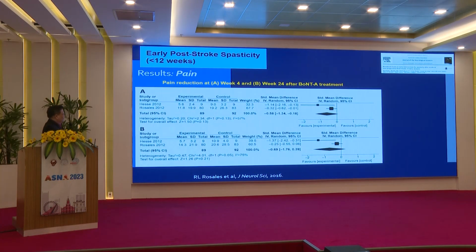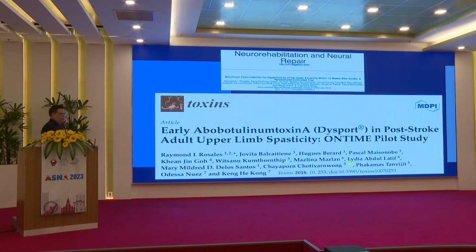Now, pain reduction is also there, you can see. Although it touches 0, it's telling us that there is a trigger there that perhaps botulinum toxin could be effective in reducing spasticity-related pain.